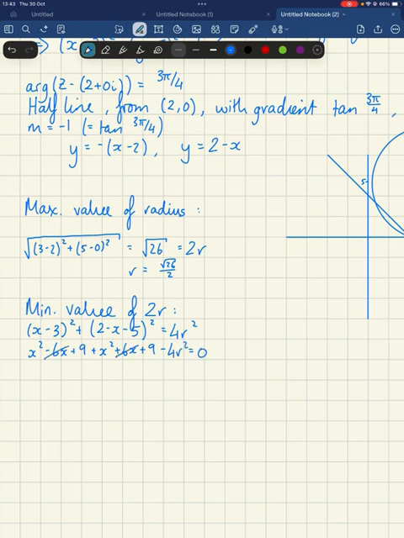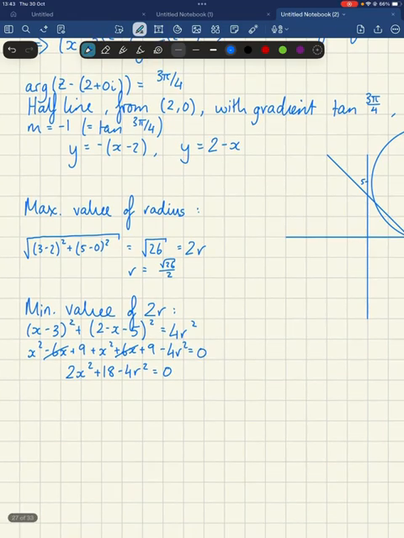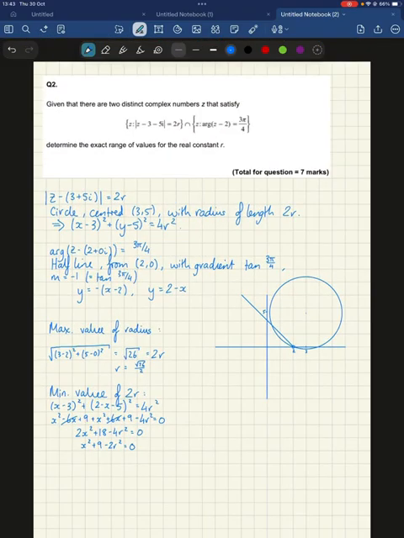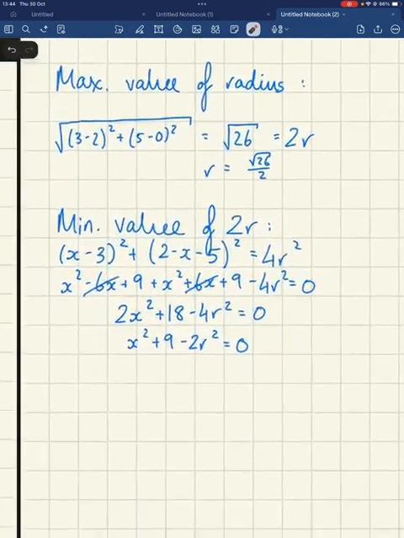So minus 6x plus 6x cancels, so what we get is 2x squared plus 18 minus 4r squared equals 0. We can simplify this, so we'll get x squared plus 9 minus 2r squared equals 0. So this is our quadratic that will give us the point of intersection over here, when the line is just a tangent to the circle.